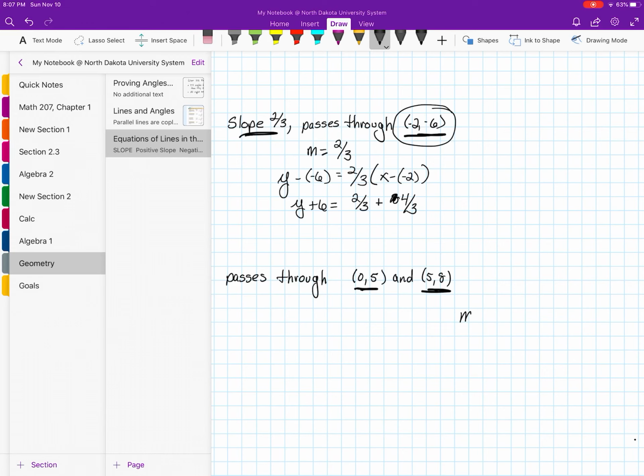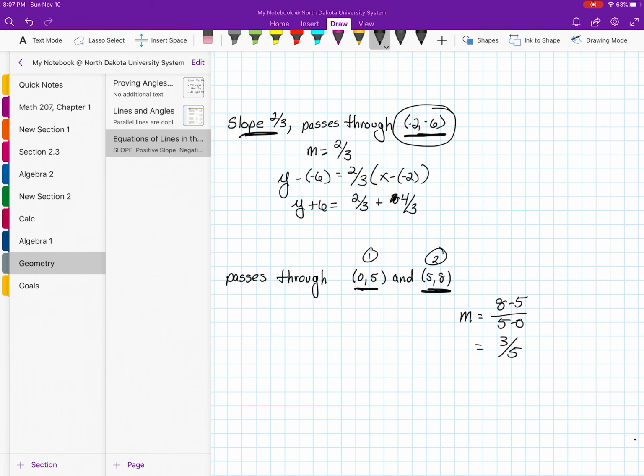First thing we're going to have to do though is find the slope. m equals, I'm going to call this point 1, call that point 2, 8 minus 5 over 5 minus 0 gives me 3/5, right? Now I can use either one of these points and plug in the x and y coordinates into this point-slope form of the equation to get our linear equation.